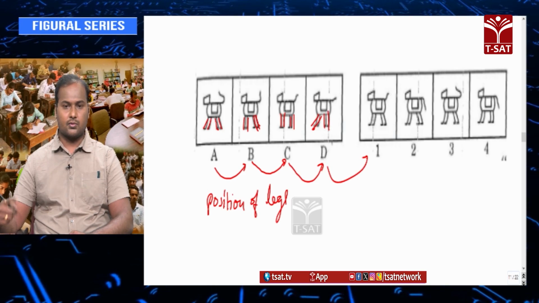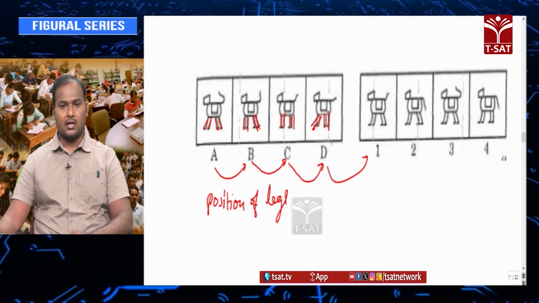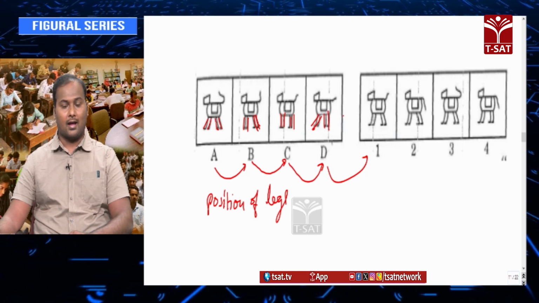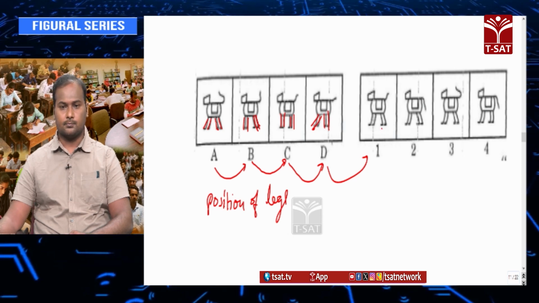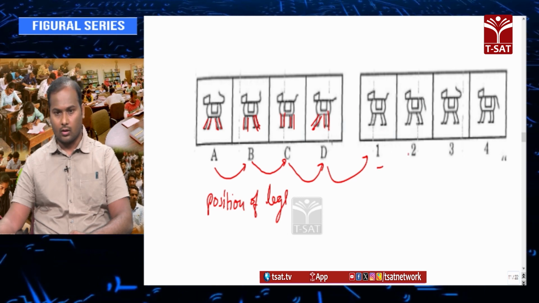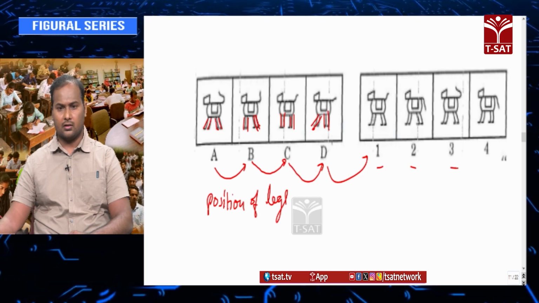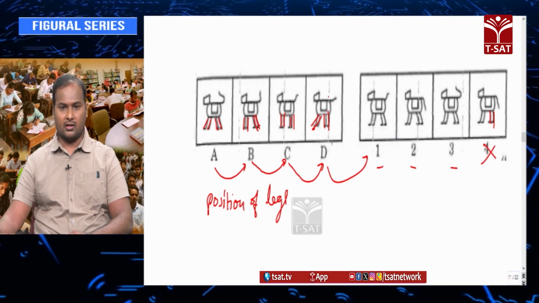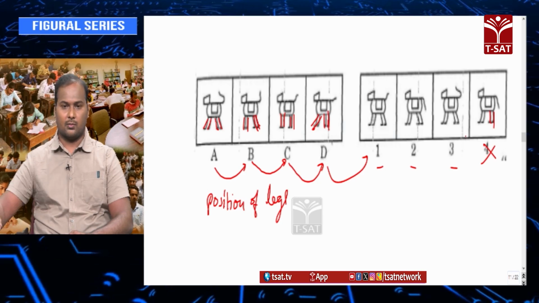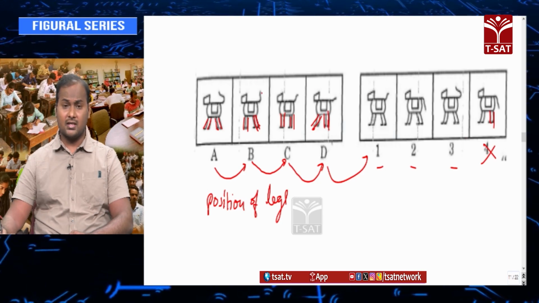And what is the change I can observe? Even the back legs now move away. This is possible in option 1, option 2, option 3, but not in option 4, because in option 4 the legs are straight. Here also the legs are straight. So eliminate option 4.